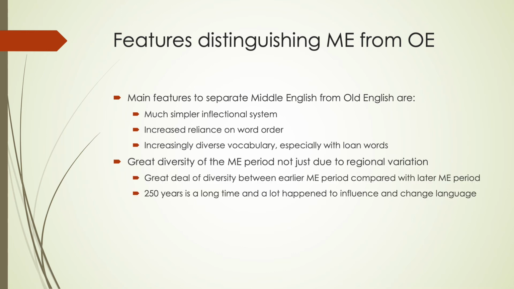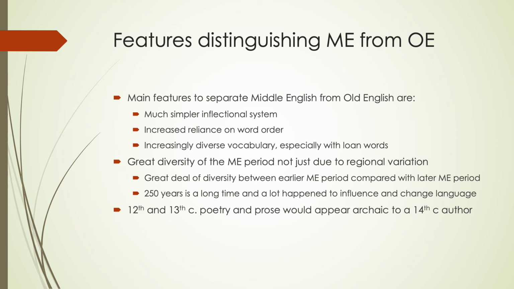So we'll see this diversity not only between the Middle English period and the later Middle English period, where over 250 years you can expect a lot of changes to happen that can influence and change the language. When we're looking at something like 12th and 13th century poetry, this would appear very archaic to a 14th century author. Change was happening relatively quickly because there wasn't standardization.